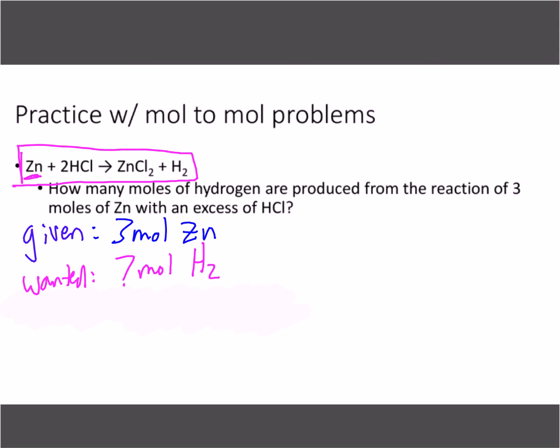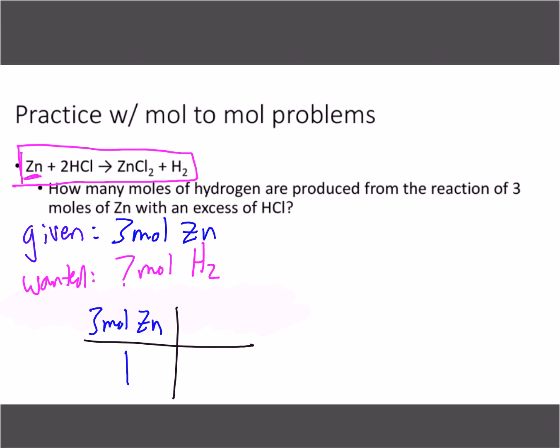Always start off by writing my given, right? So my T-chart's right here. So I have, in my given, I've got 3 moles of zinc. What goes on the bottom of that first fraction always? A 1 is a placeholder.